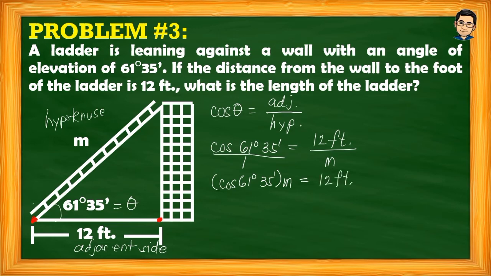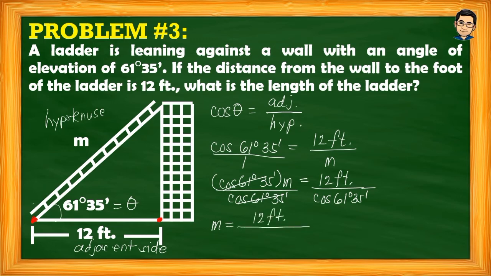Ayan. And then, divide natin both sides by cosine 61 degrees and 35 minutes. Okay. So, kapag dinivide natin yan, dito magiging M na lang, and then 12 feet all over yung value ng cosine 61 degrees and 35 minutes.